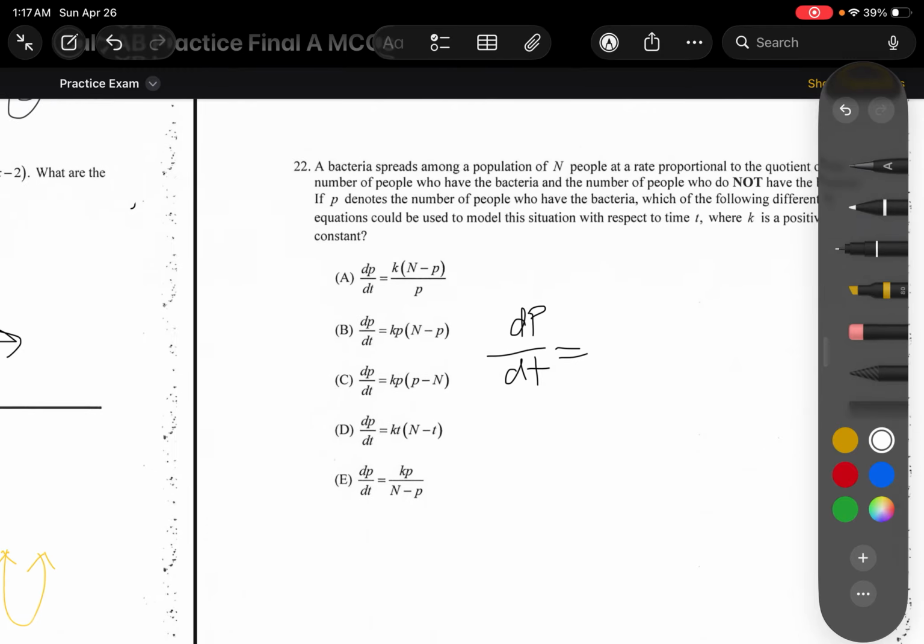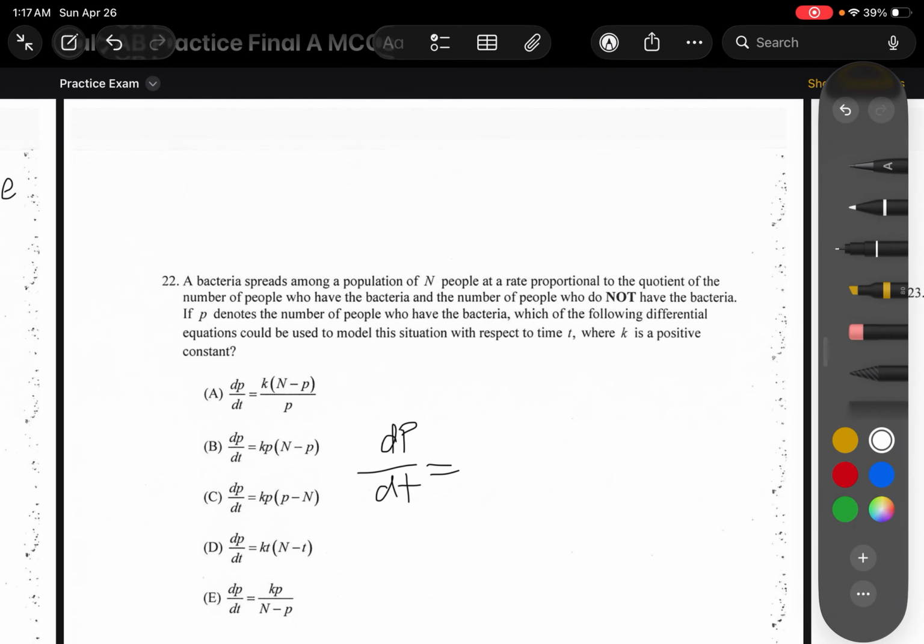So let's read the question. Bacteria spreads among a population of n people at a rate proportional to it. It says there's going to be a quotient. So let's cross off B, C, and D since there's no division here.